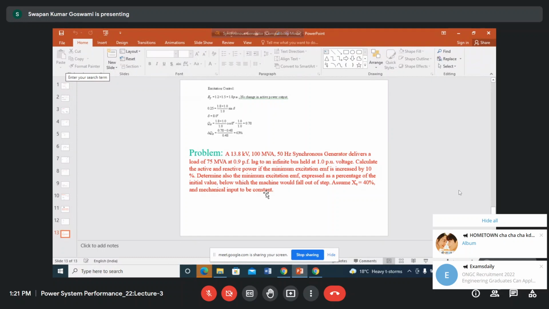Also, some discussion regarding the voltage control is to be made, that is, how voltage may be controlled or reactive power may be controlled from the generating station. That much we shall discuss. That's why we have discussed these issues corresponding to synchronous generators and also synchronous motor.